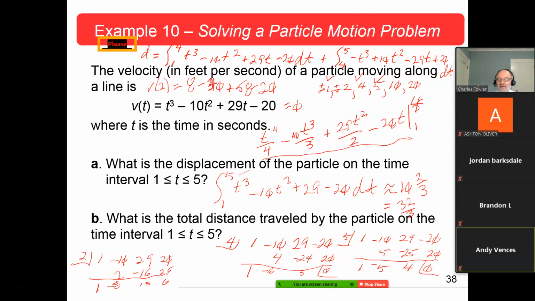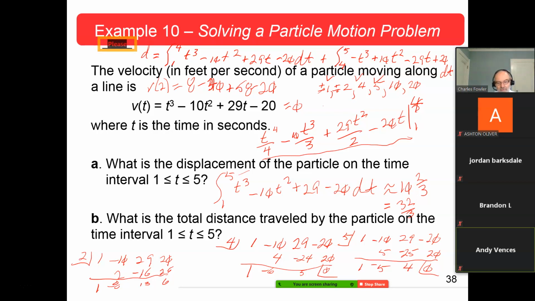Trying to get my calculator. Okay, so that's 4 cubed, 4 to the 4th power. I could have done that in my head.